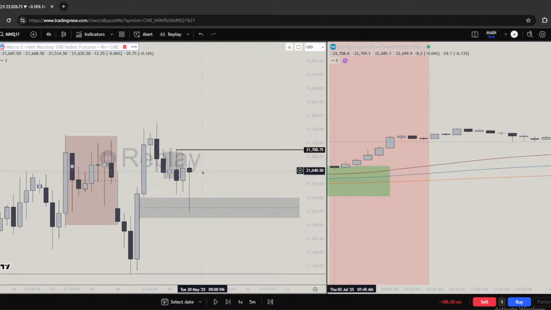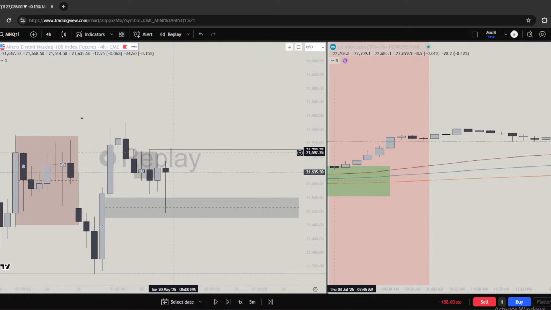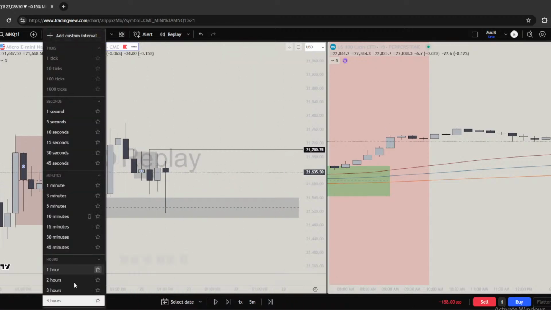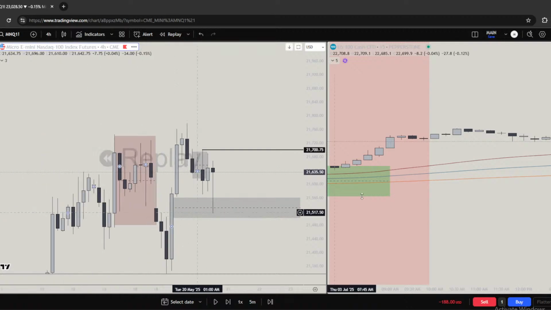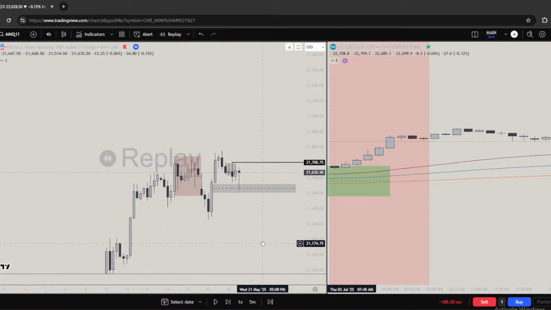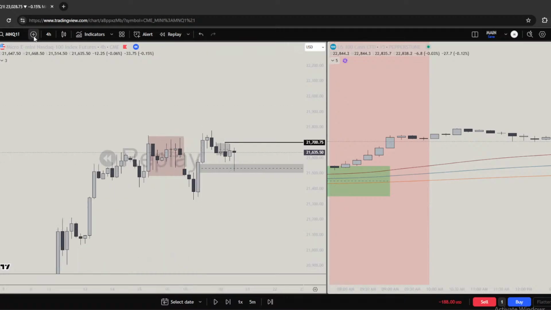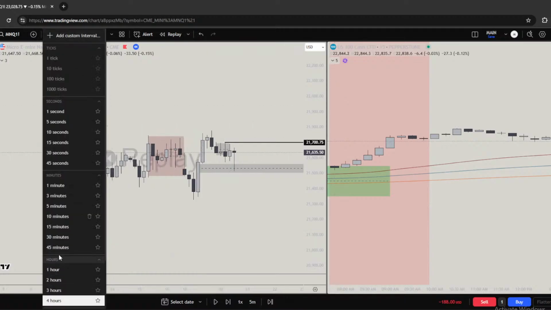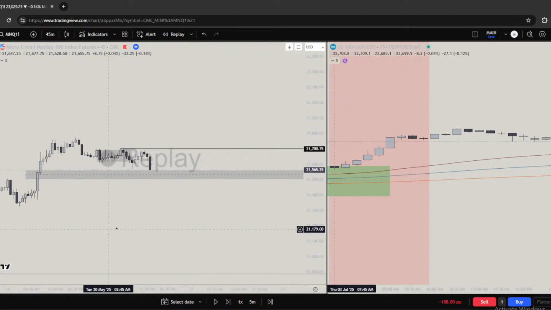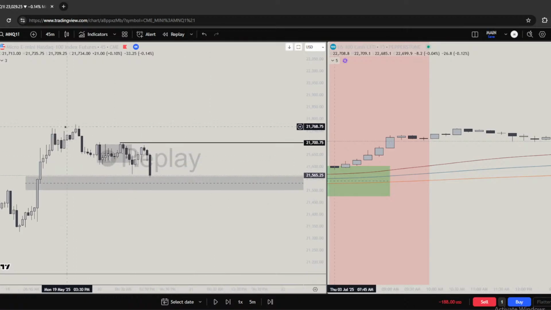Okay. I think this accumulation zone was bigger than what I initially thought it was. It's this big a zone.